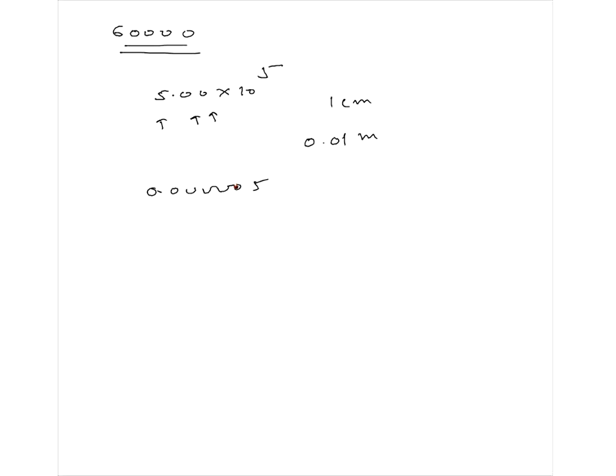So if you have something like 1.003, how many significant figures does it have? 1, 2, 3, 4. If you have something like this, how many significant figures does it have? 1.